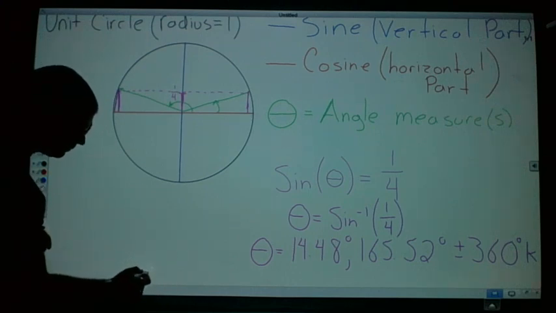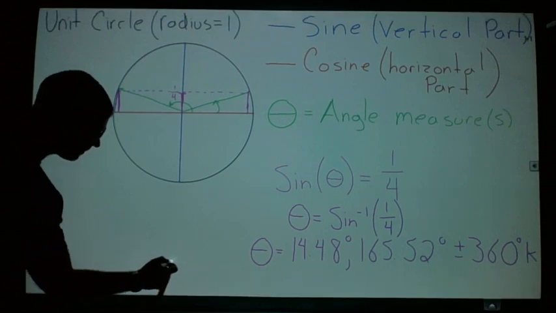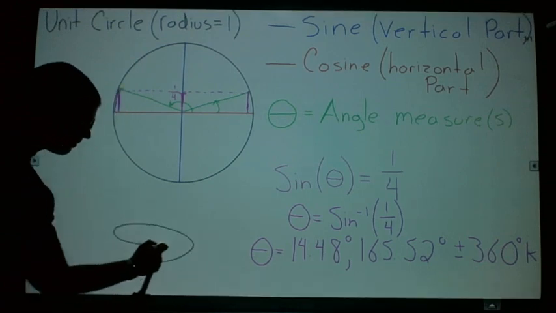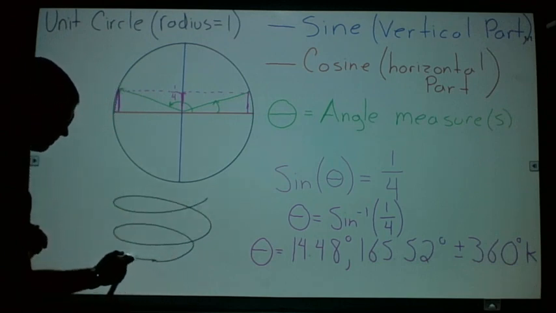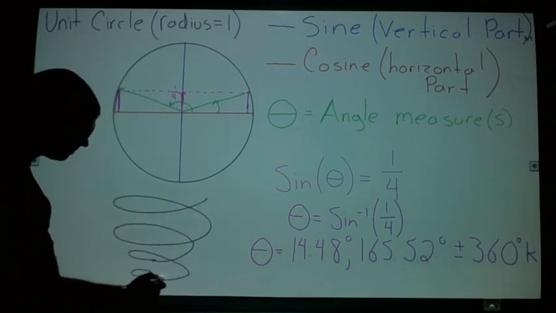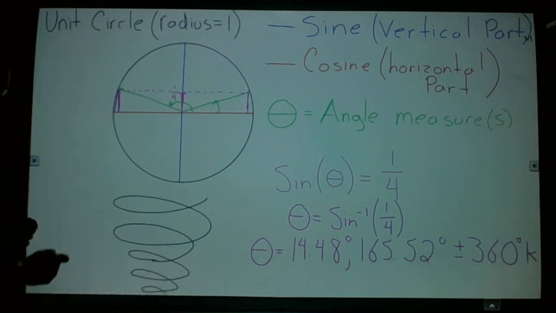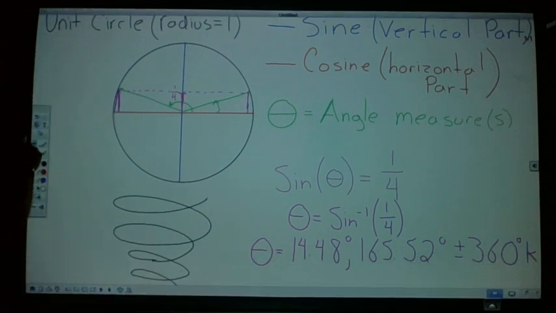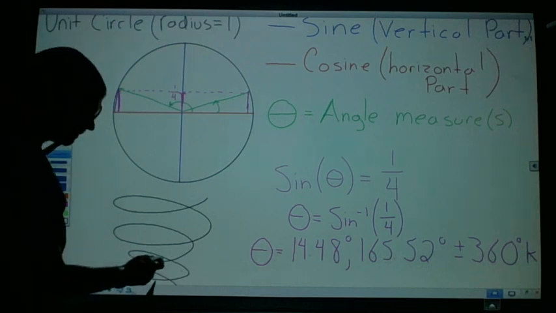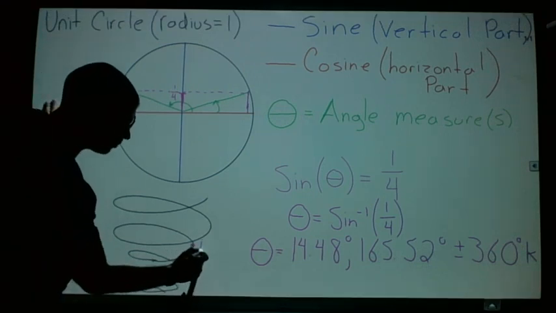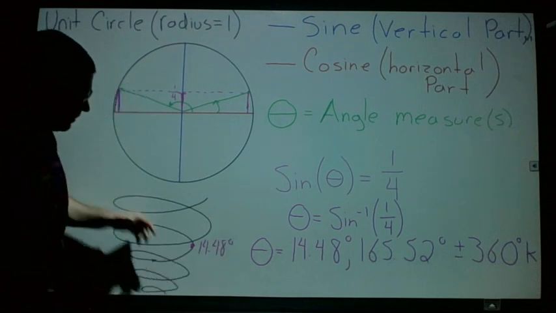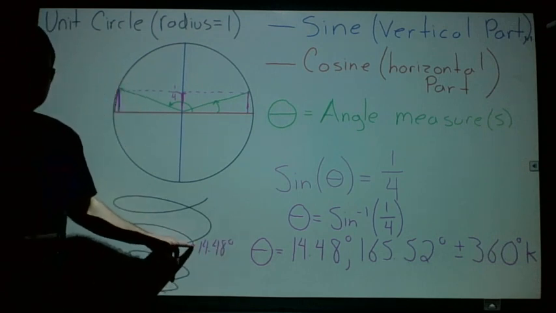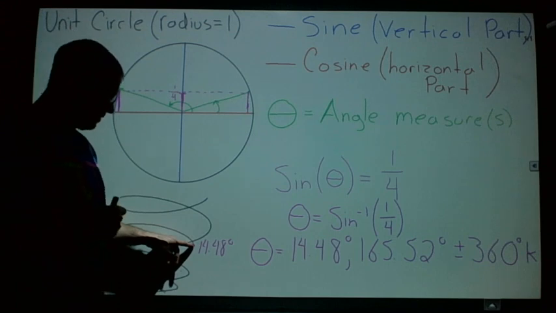So we'd have 0 degrees here, and then as we went up the spiral, or down the spiral as it were, we would see 14.48 degrees, and you just kind of have to imagine, but there's 14.48, kind of like climbing a spiral staircase.